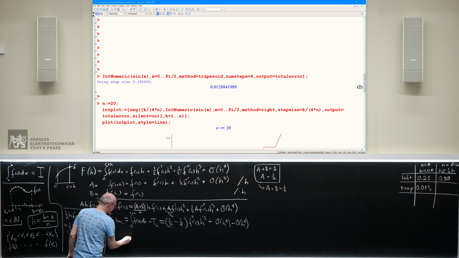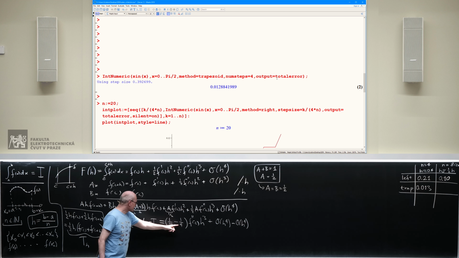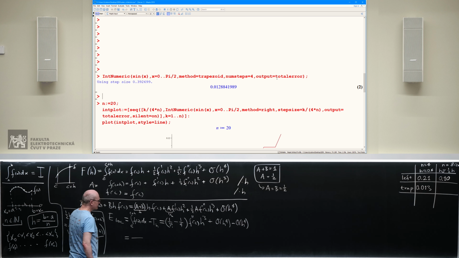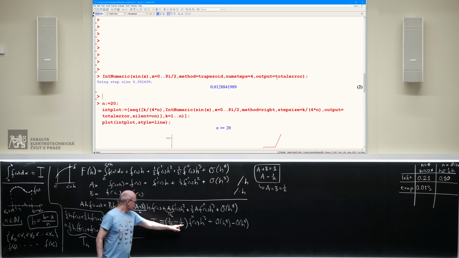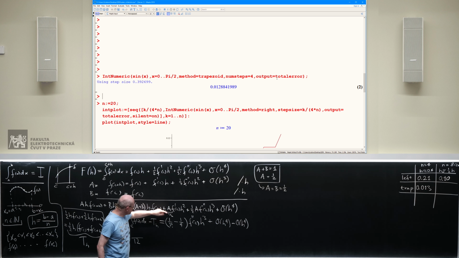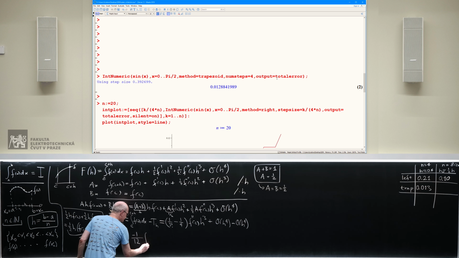And therefore, the local error is, and now it comes. Okay, let me think about it. 6, 4, common denominator is 12. I have to multiply this one by 2, this one by 3, so it's -1/12. So far, so good.